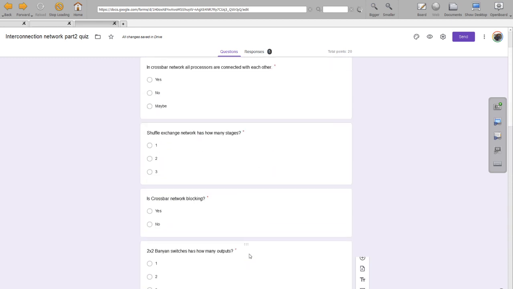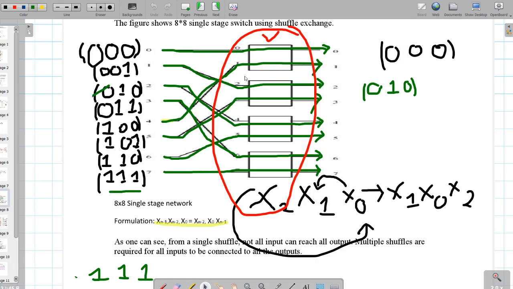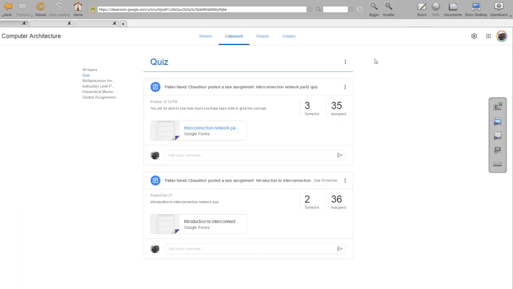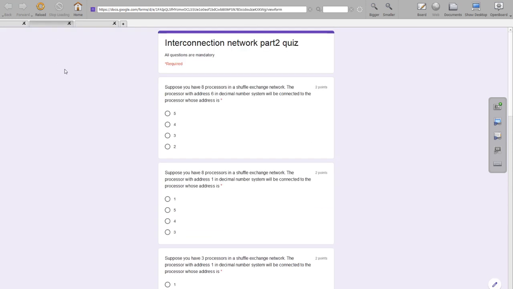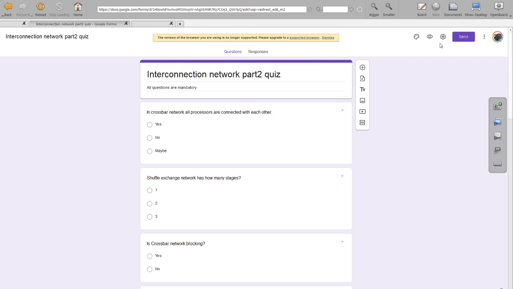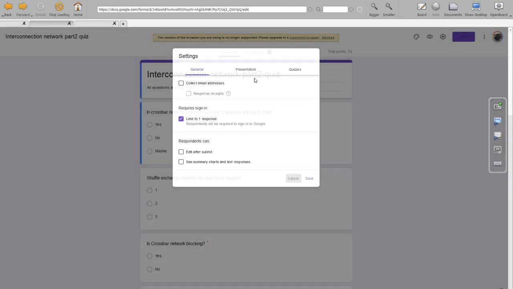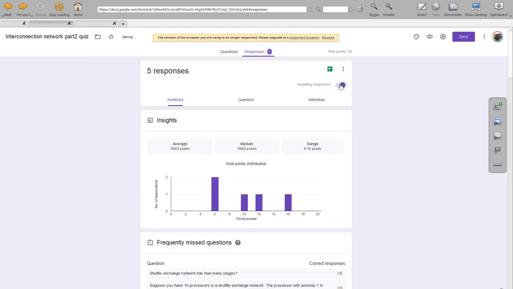So I hope you have been able to understand how this shuffle exchange network works. Now, for your future reference, this quiz will always be available to you. To make it available, I am accepting responses.